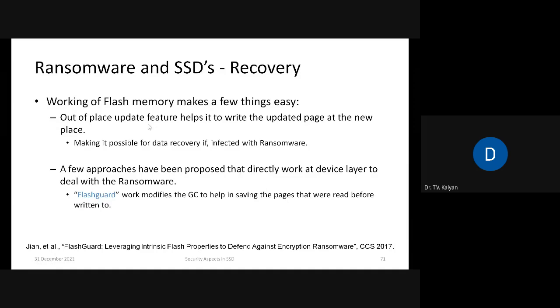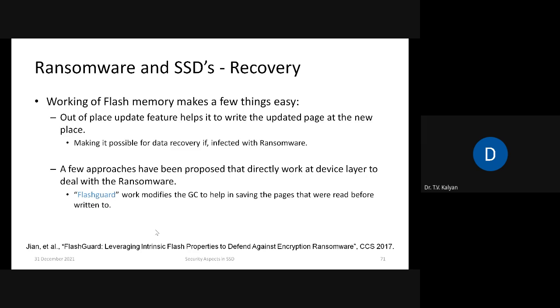So even though the latest copy of the file has been encrypted and written somewhere, maybe its prior versions are available for us to read. Even though they have been marked as invalid, during the recovery process, we can try to read them and recover some part of the data, right?